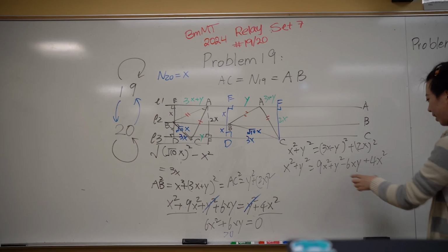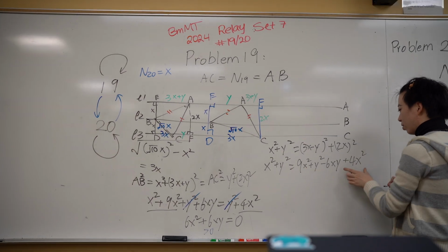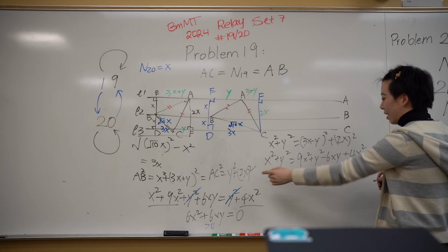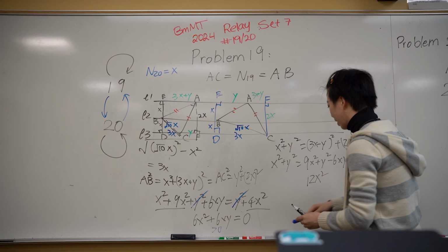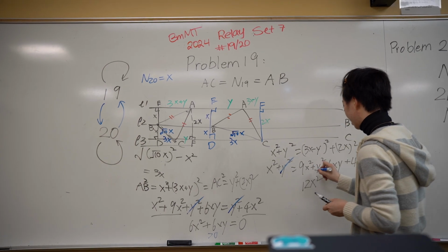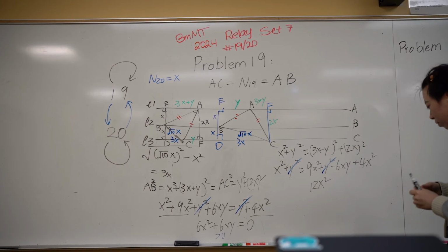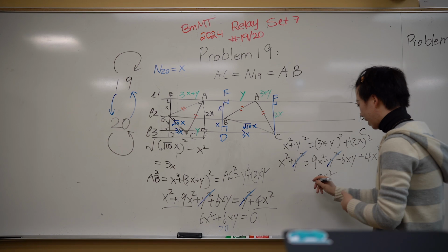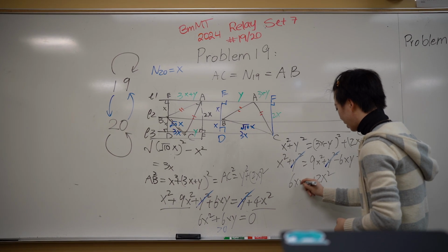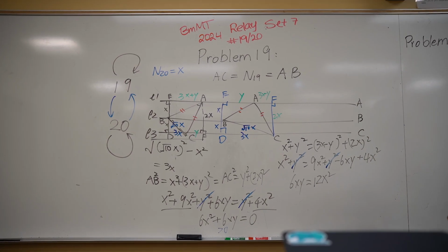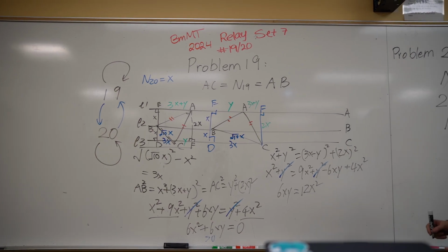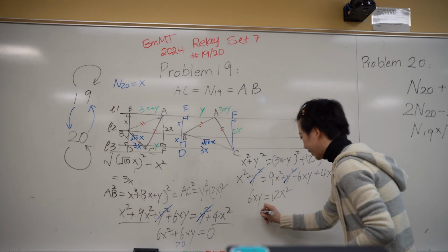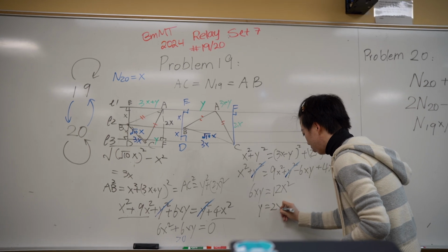So on the right-hand side, we have 13x squared, and minus that x squared, we get 12x squared, and we can still cancel out the y squared on both ends. If we move the 6xy to the left-hand side, then we have 6xy equals 12x squared. And if we divide by 6x on both ends, since we know that x is not equal to 0, we have y equals 2x.